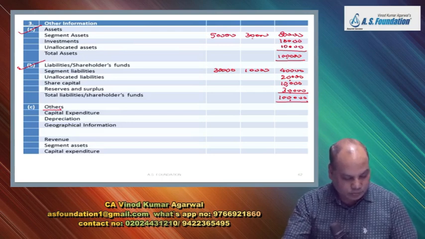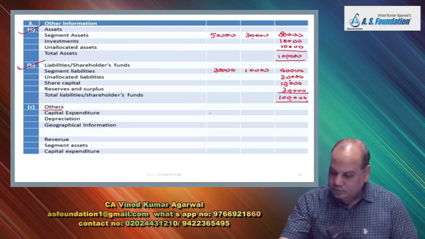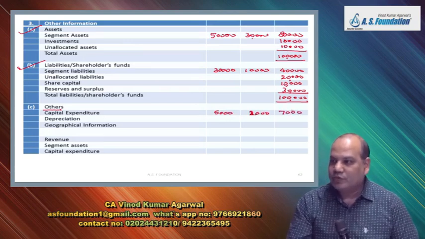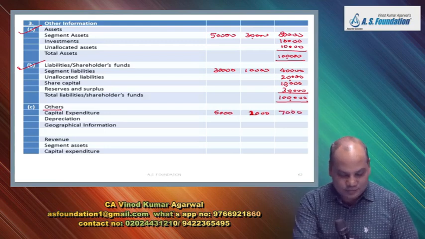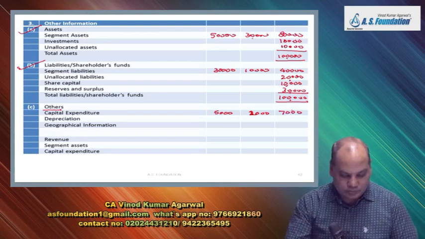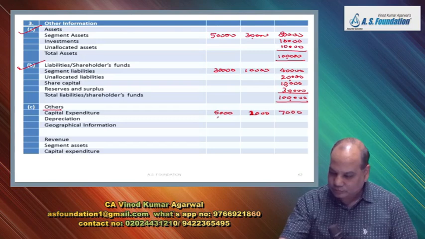So write in the first column 5,000, in the second column 2,000, and in the total column 7,000. What about depreciation? Depreciation is 1,000, 3,000, 300. So total 1,000.